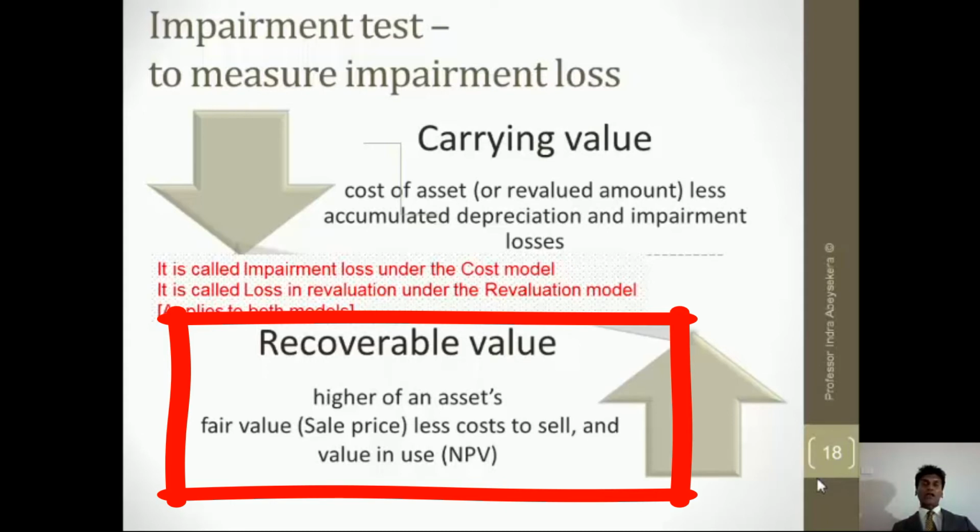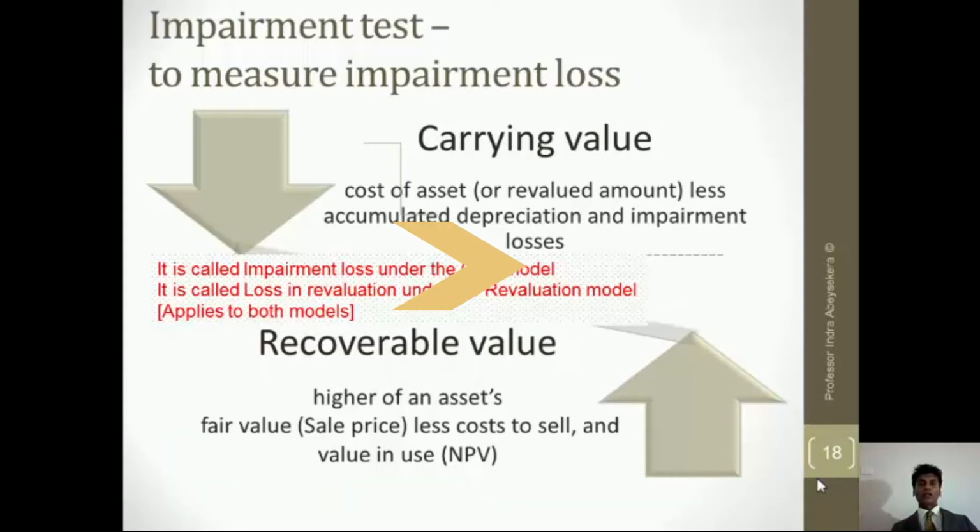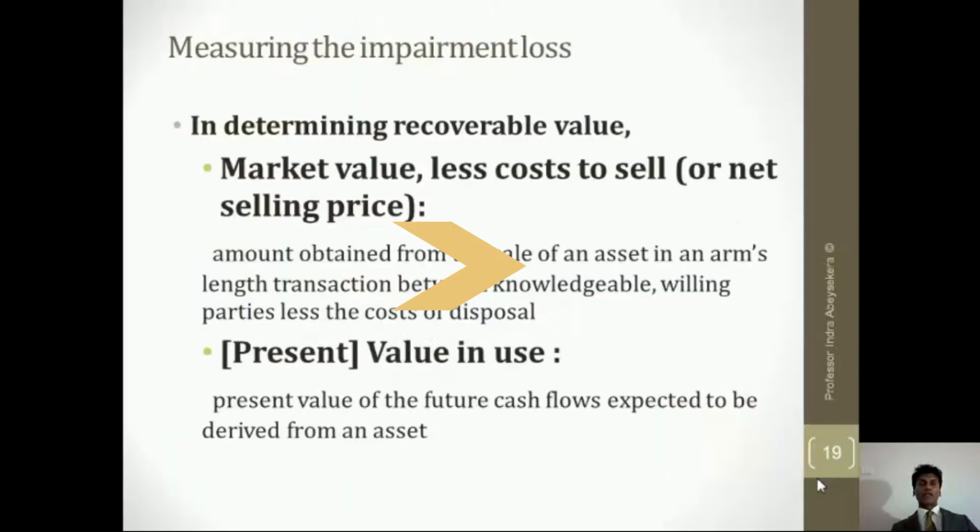And what is recoverable value? Recoverable value is the higher of either the market value less cost to sell or the present value of the asset if that was used. So there are two choices.